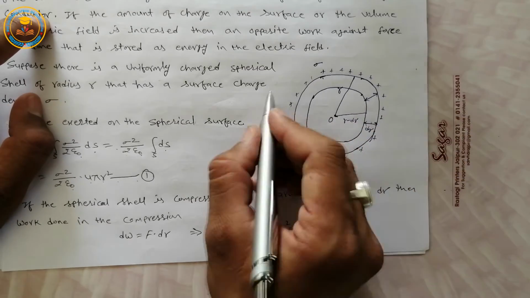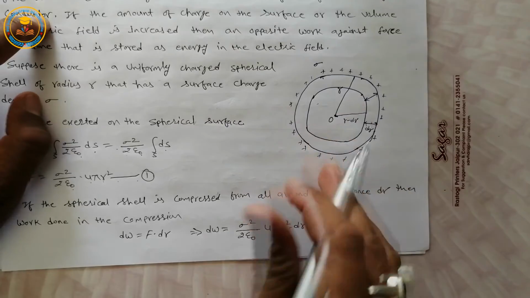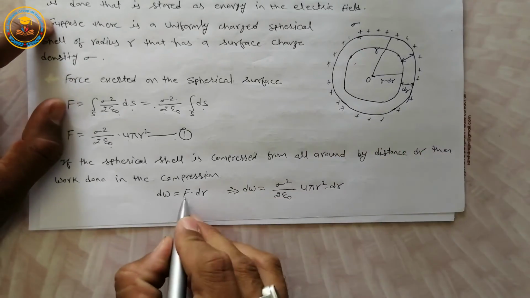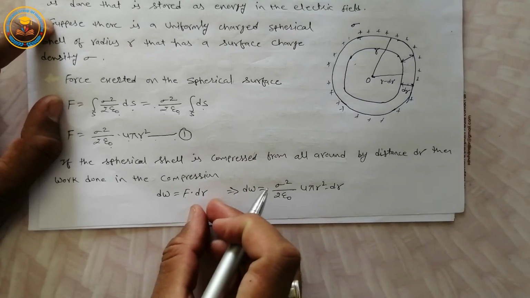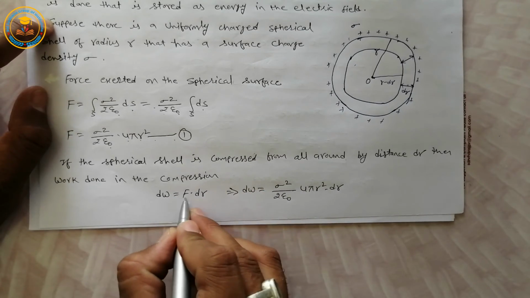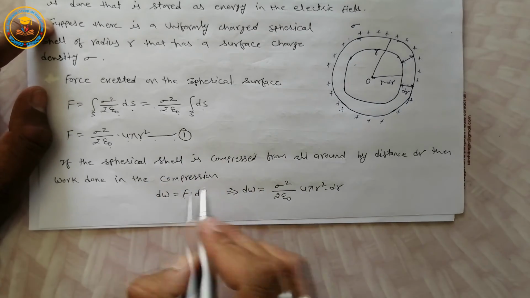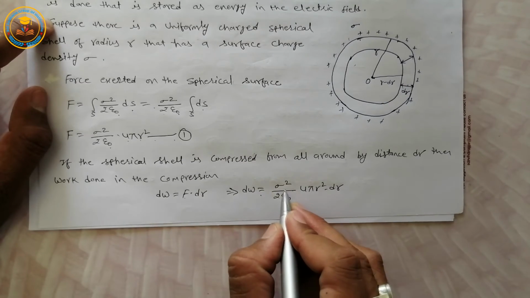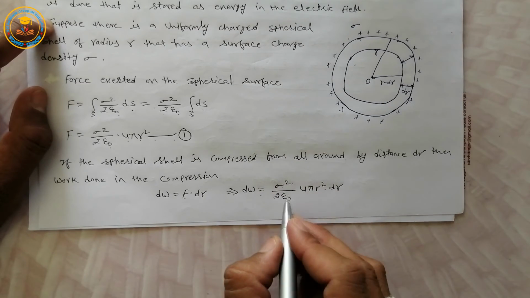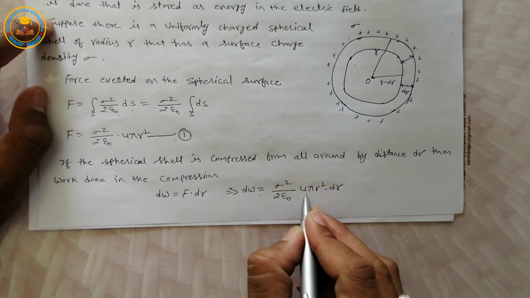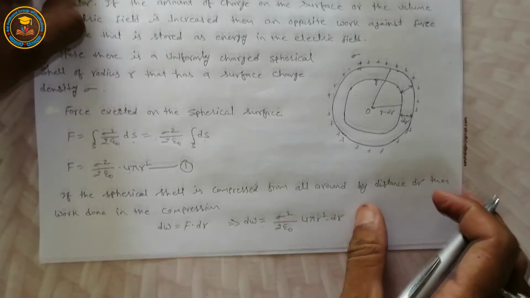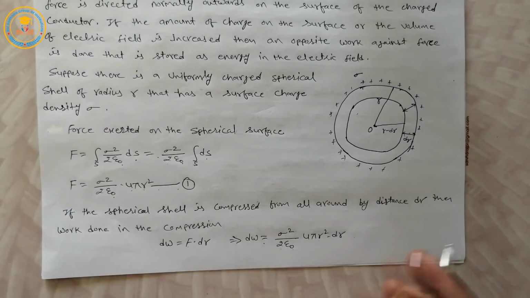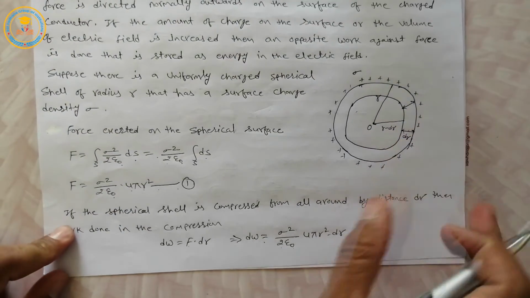Against this electric force we can apply F. Then dW is equal to F into displacement dr. Put the value of F from equation 1. Then dW is equal to sigma square upon 2 epsilon naught 4 pi r square into dr. This is the work done in this compression.